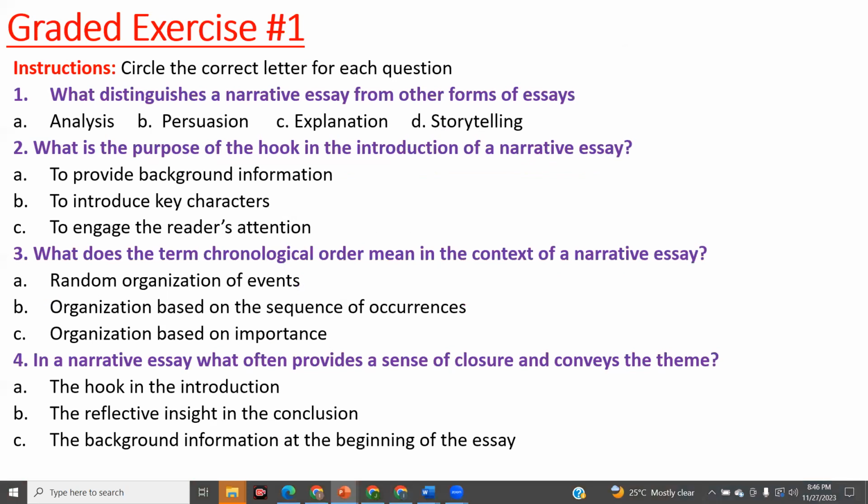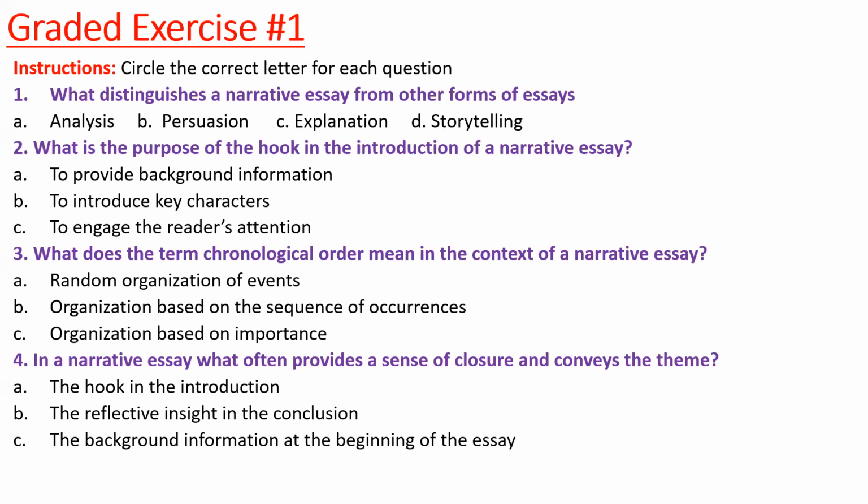The first question says, what distinguishes a narrative essay from other forms of essays? Is it analysis, persuasion, explanation, or storytelling? Number 2 says, what is the purpose of the hook in the introduction of a narrative essay? Is it A, to provide background information, B, to introduce key characters, or C, to engage the reader's attention?